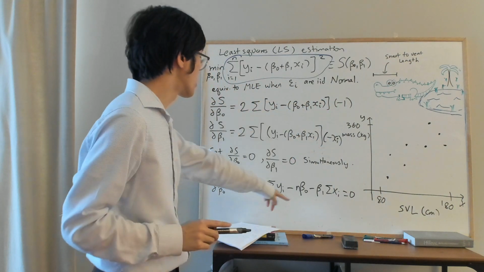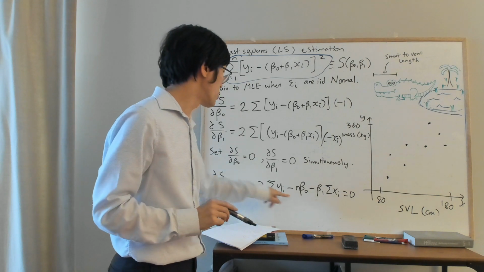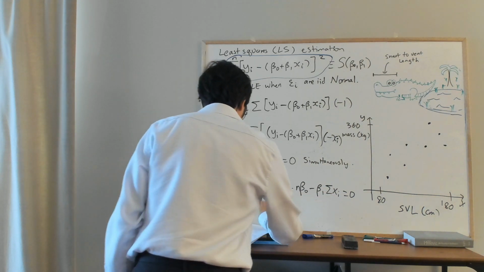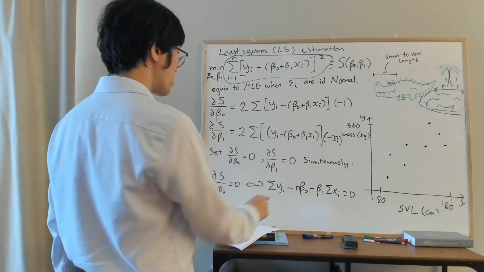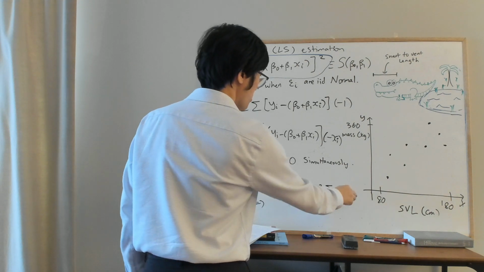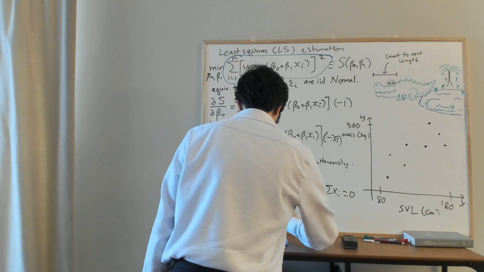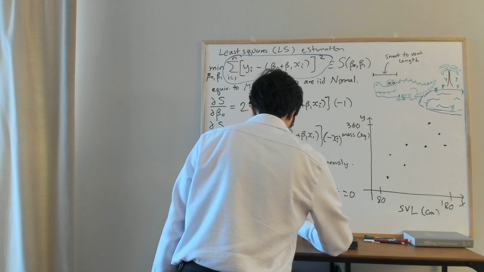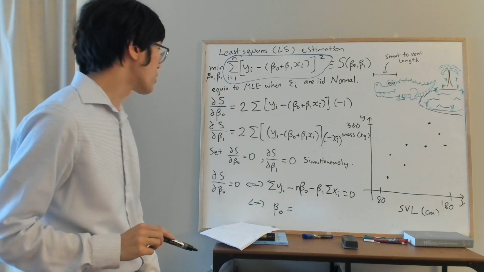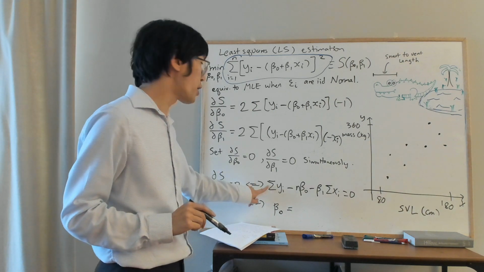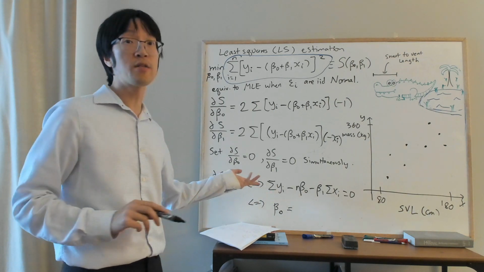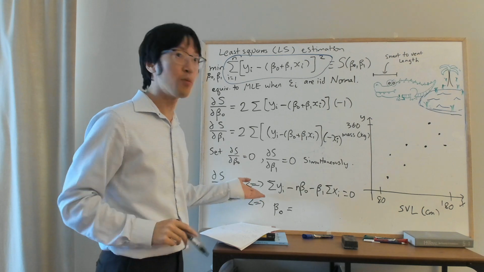And so from here I can solve for beta 0 in terms of everything else. I'll move n beta 0 over to the right side, and divide by n. So when I do that, I'm going to have summation yi divided by n, and that's actually just the definition of the sample mean of y.